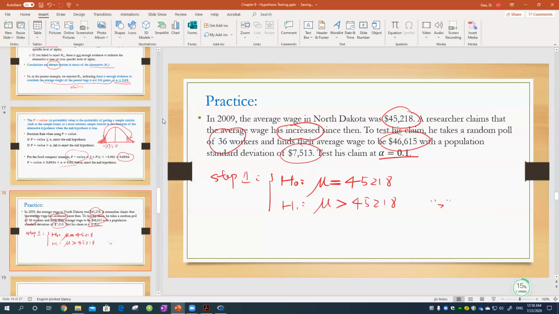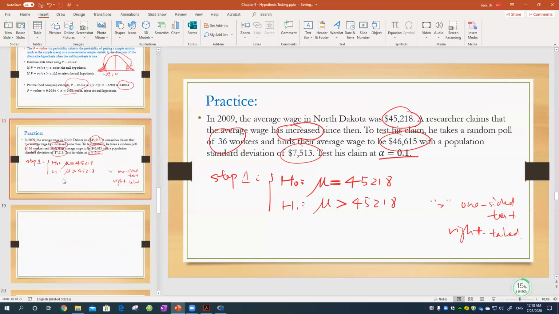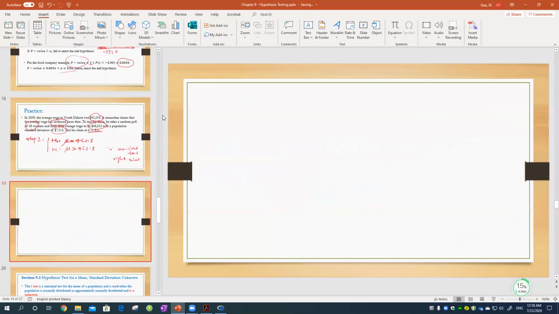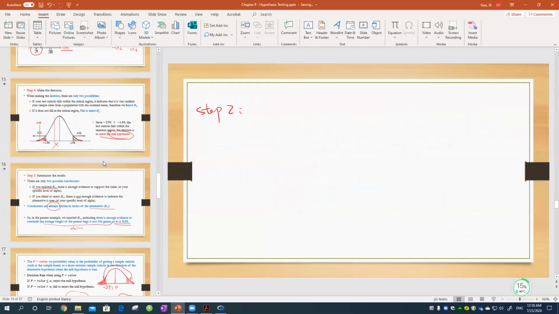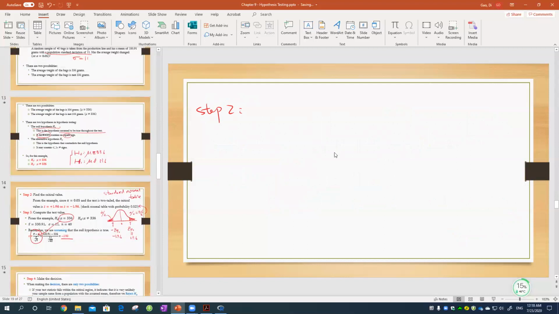This more than sign tells us it is a one-sided test. It's a right-tailed test. And then step 2, we're going to find the critical value.